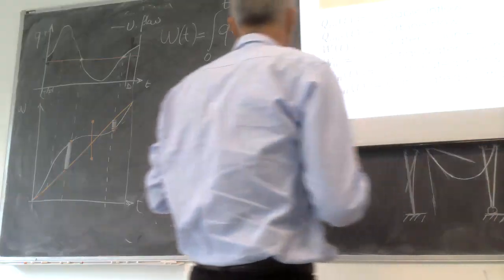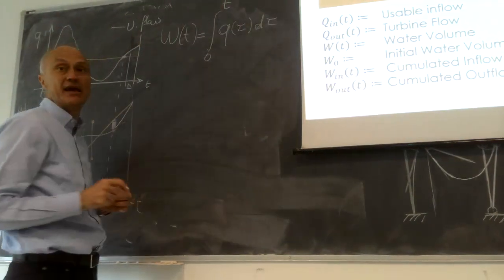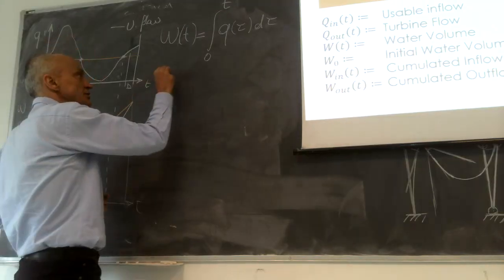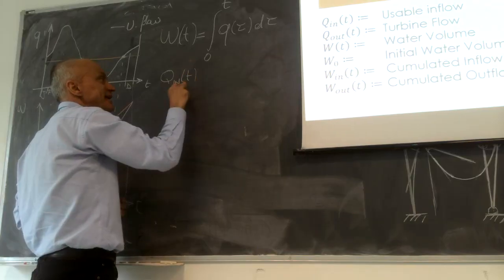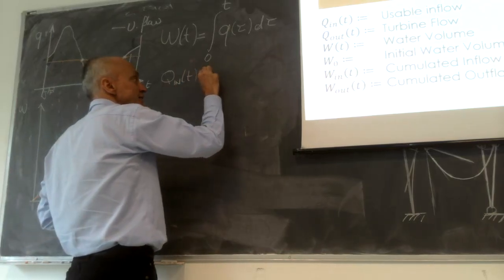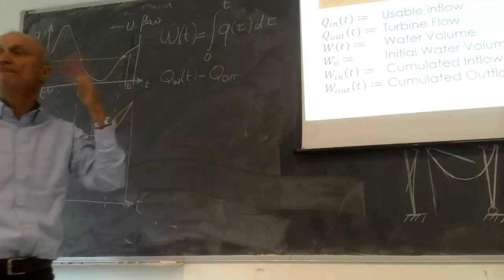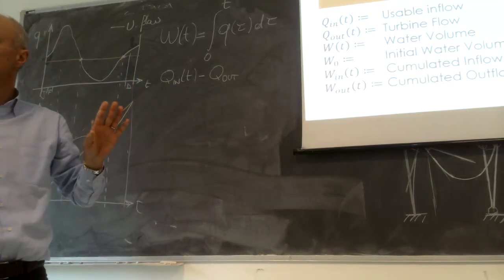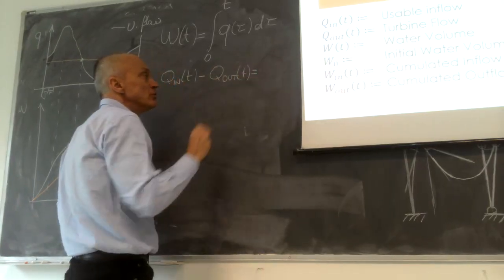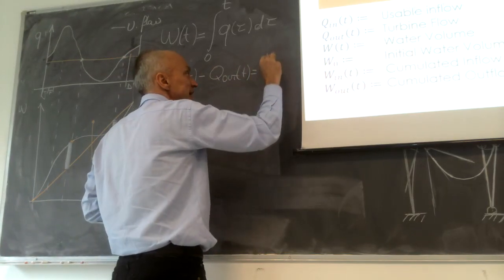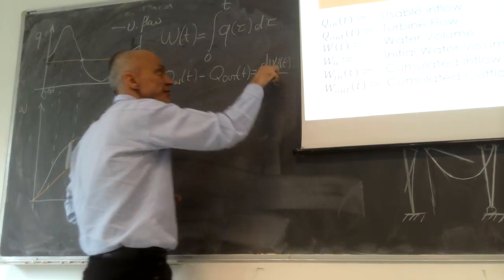So the behavior of this system is fully described by the continuity equation, right? So the inflow, the usable inflow, at a given instant minus the outflow that we send to the turbine, keep in mind that the environmental flow we already released, is equal to the variation in time of the volume stored in the reservoir, so the derivative of W(t).